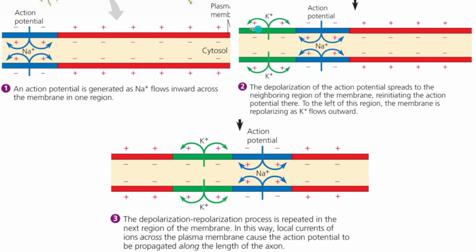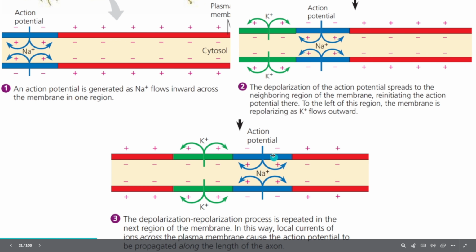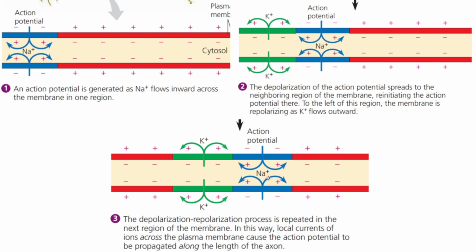It's very simple. When the first region starts repolarization, then the next region starts depolarization. Then it triggers the rising phase, so the ions enter, and then it triggers repolarization again. So this repolarization will trigger the action potential in the third region.